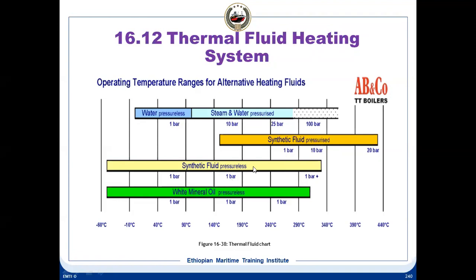But there are certain ships where you have thermal oil or thermal fluid heating systems, and at normal atmospheric pressure, it can very easily give you close to 300 degrees centigrade heating.